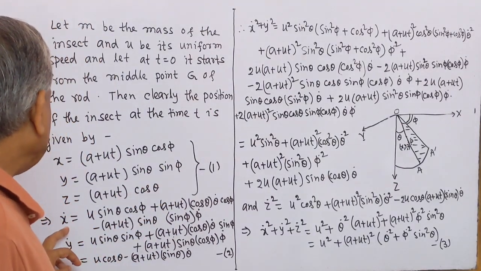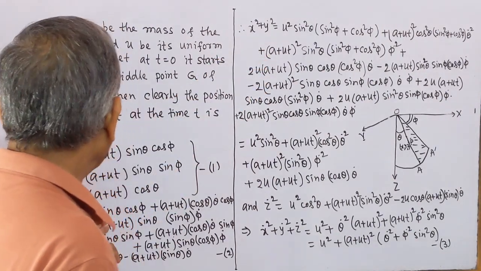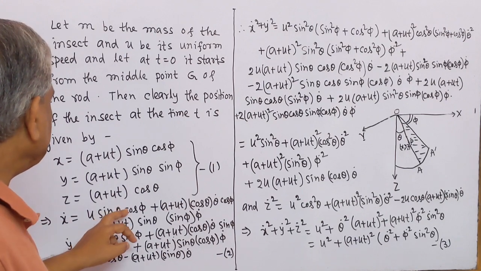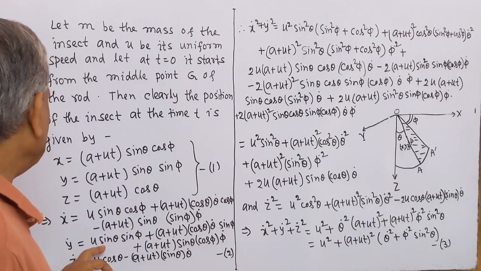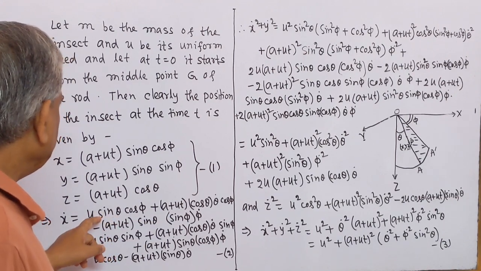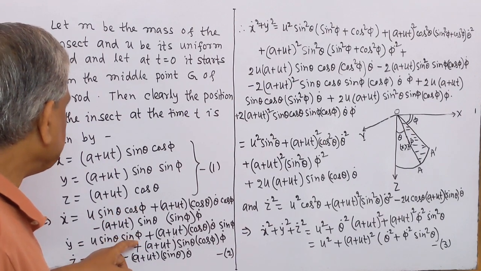Now we take x dot square plus y dot square. Here we see that in x dot we have u sin theta cos phi, and here u sin theta sin phi, whole square. So u square sin square theta cos square phi, u square sin square theta sin square phi.